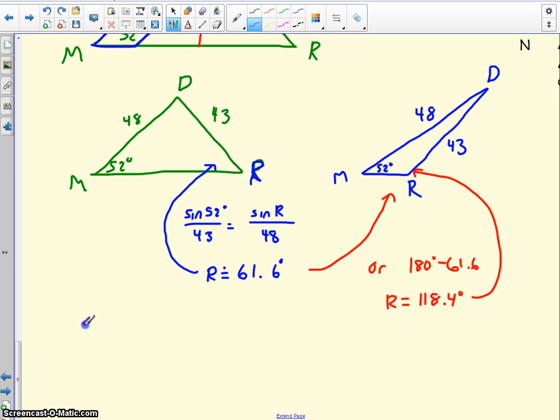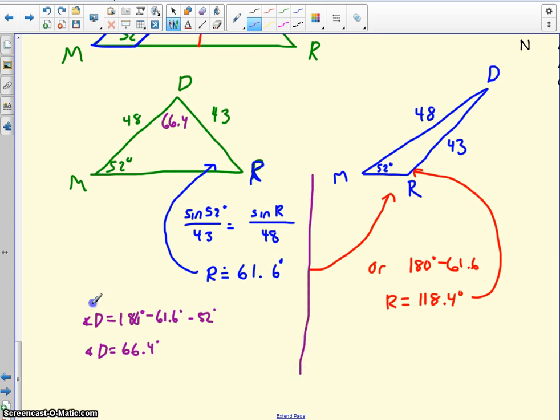So for my first triangle, angle D is going to be 180 degrees minus 61.6 minus 52 degrees, which gives me 66.4. Okay, I'll label that in here. And with my second triangle, I'm just going to keep these separate here.